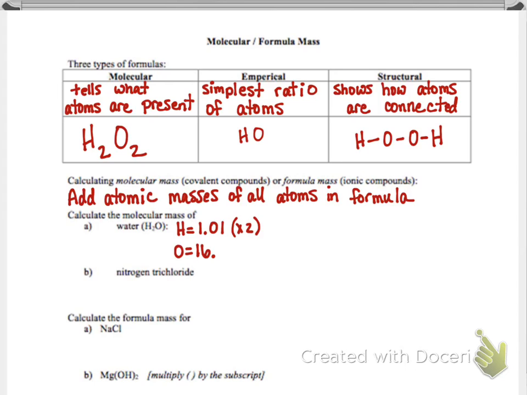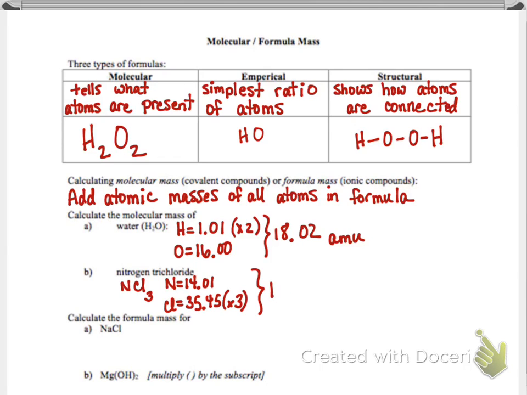So hydrogen is 1.01 and oxygen is 16.00. Because there are 2 hydrogens in our formula, we have to multiply hydrogen by 2, just 1.01 times 2. And there's only 1 oxygen. And then we add them all together and get 18.02. The units are atomic mass units.